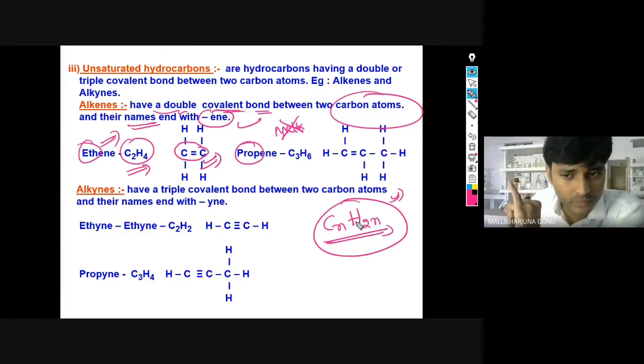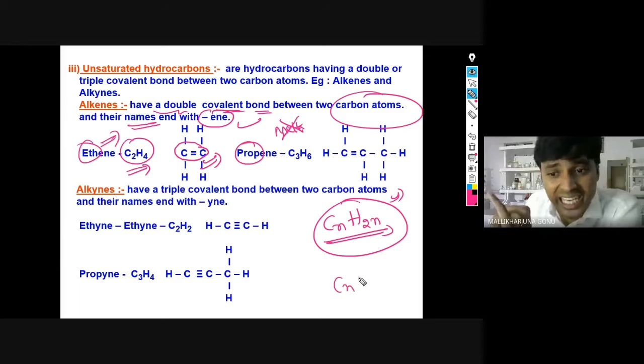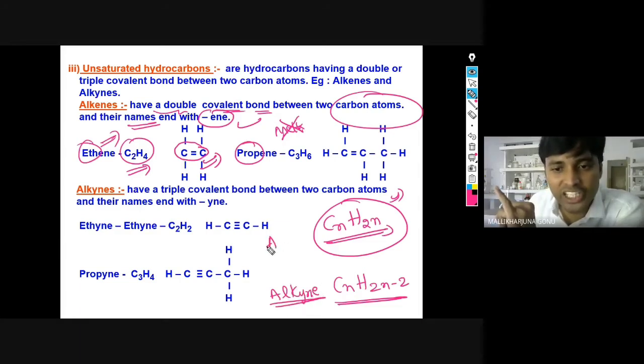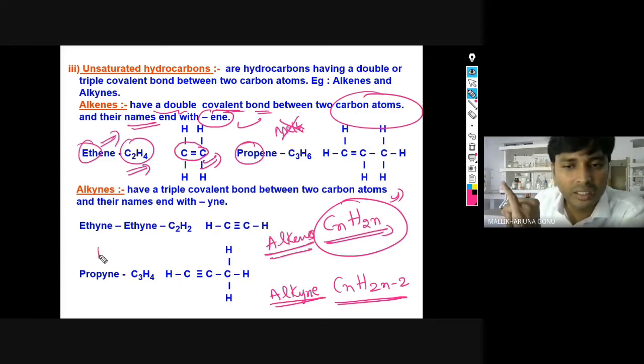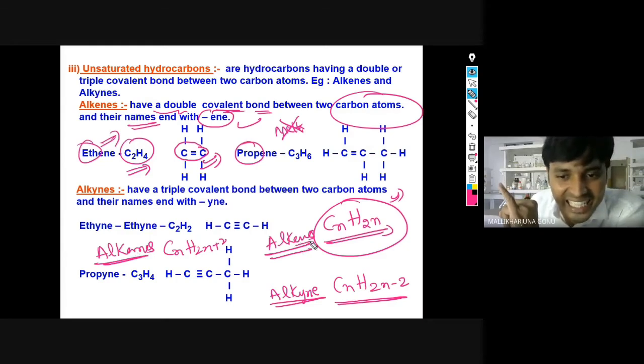Alkenes are CnH2n and alkynes are CnH2n minus 2. All these formulas you write first. Alkynes CnH2n minus 2, alkenes CnH2n, and alkanes CnH2n plus 2. Alkanes, this is ANE. This is ENE, the ENE suffix. This is YNE.